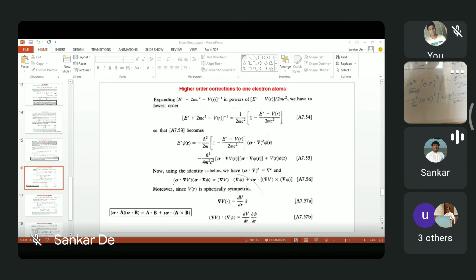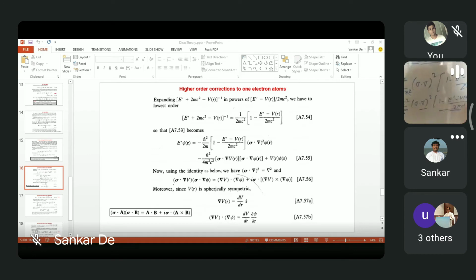But is it not included in the first term itself? No, because in the first term he just operated this one with only that one, keeping out this thing. In the second term, he actually multiplied this thing with this thing.